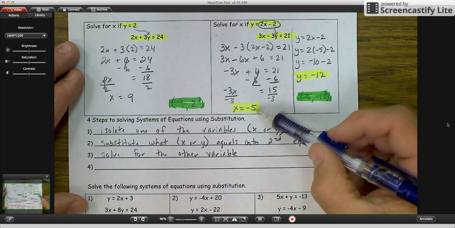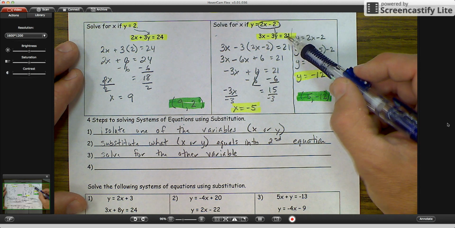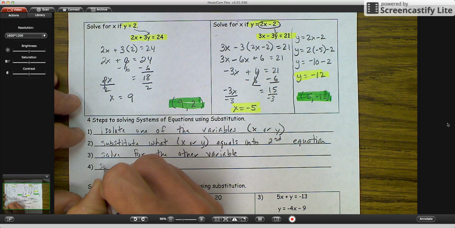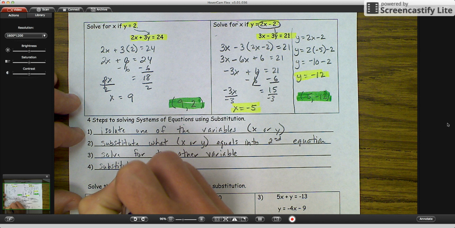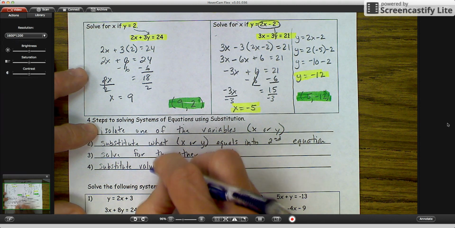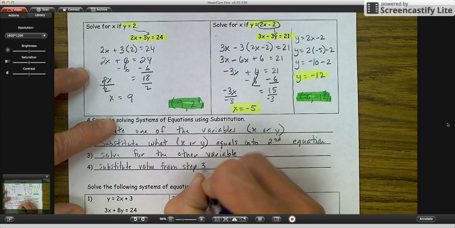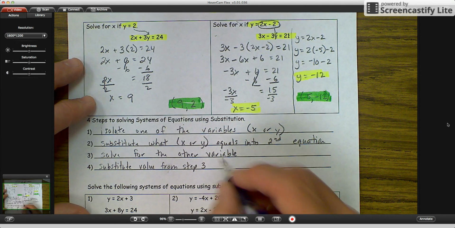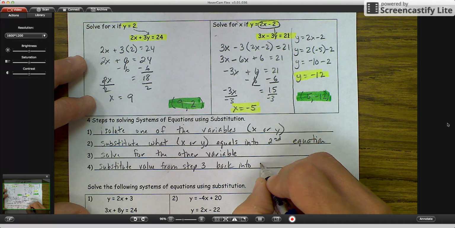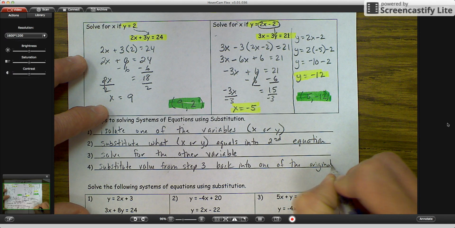And then the last thing we did, once we solved for x, we substituted it back into one of the two original equations and then solved for y. So we are going to substitute the value from step 3, the step right above, substitute that value back into one of the original equations.